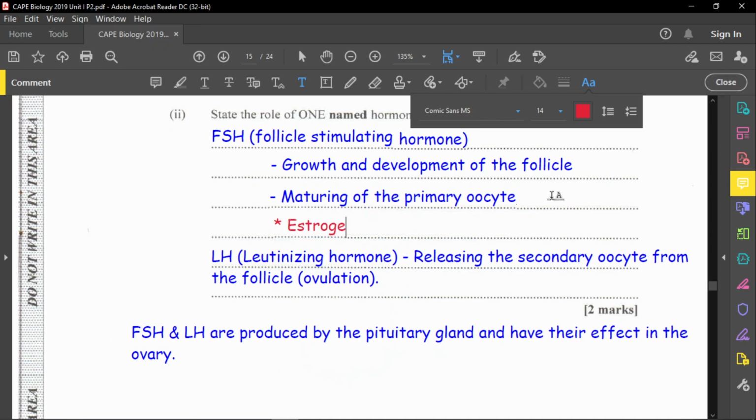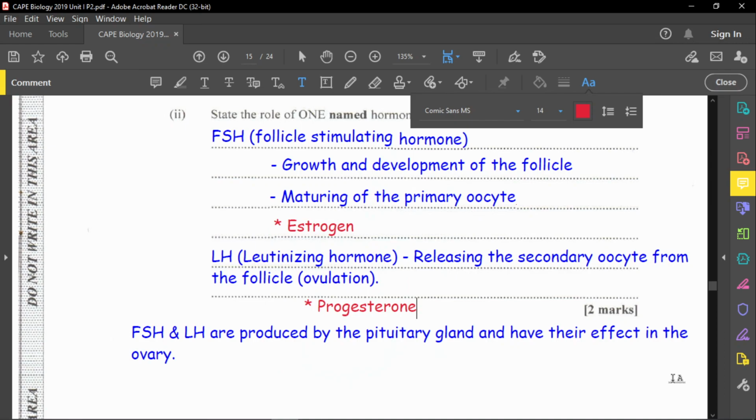Now, from LH, once the corpus luteum, or the yellow body, is formed, what you have there is progesterone. Progesterone is formed from the corpus luteum. They are responsible to produce these two hormones, and estrogen and progesterone are produced in the ovaries, but they have the effect in the uterus.